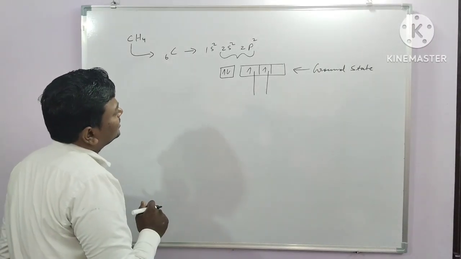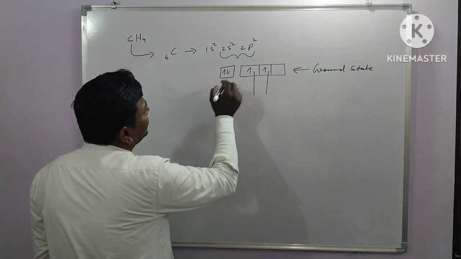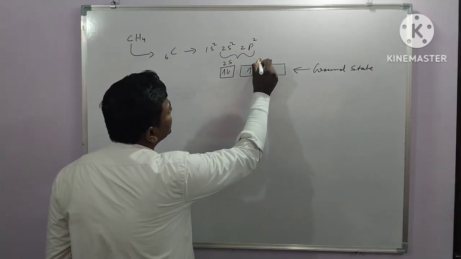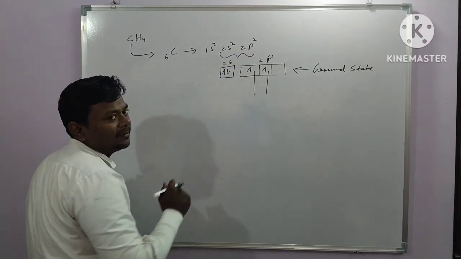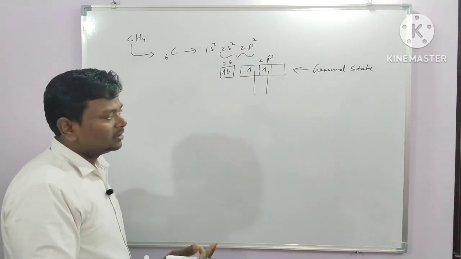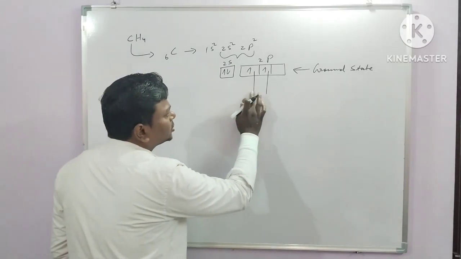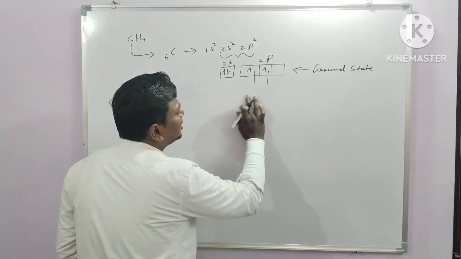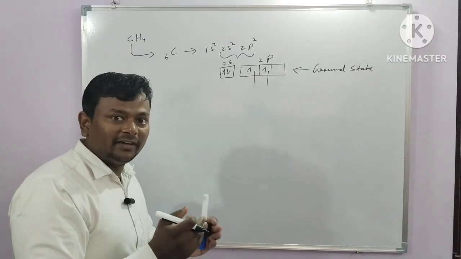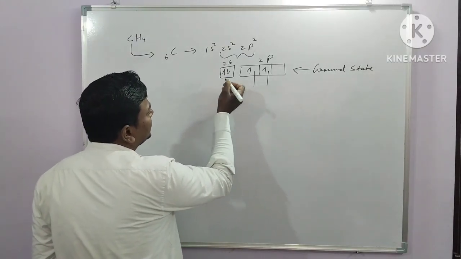So what will this carbon do? This is the 2s orbital and this is the 2p orbital. They are in the same outermost shell, so their energies do not differ much.